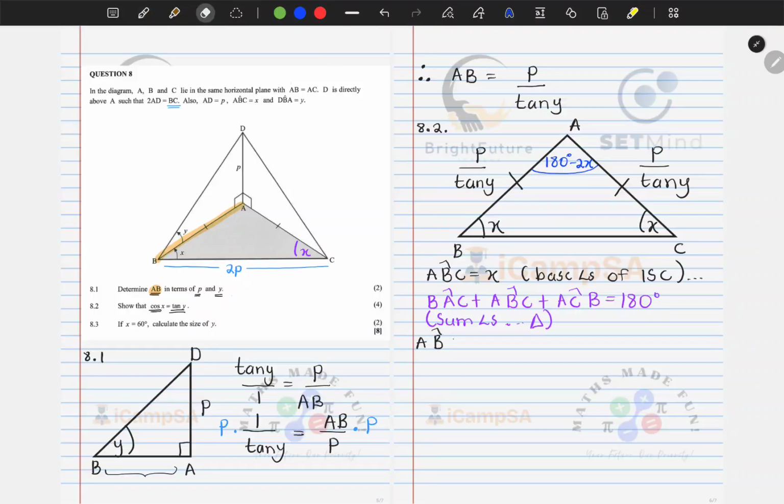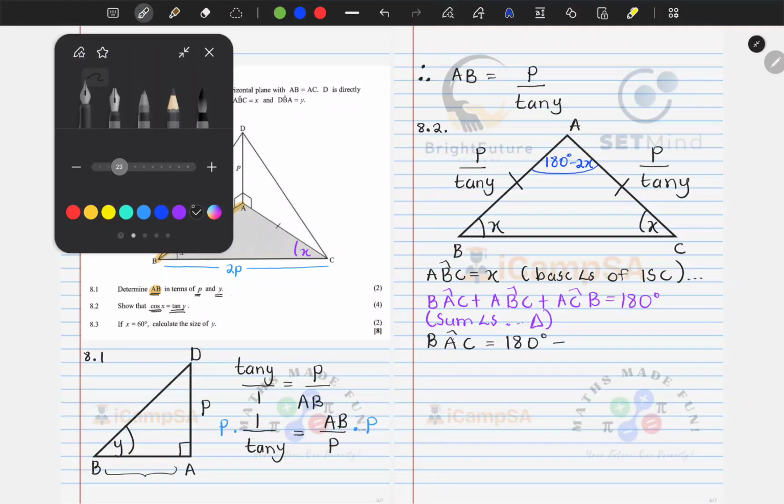So you'll end up finding that, in fact, we're looking at angle BAC. That is what we are trying to show, that it's equal to that. So angle BAC will just end up being 180 minus, if you look carefully, 2 times. These two angles are equal if you observe carefully.